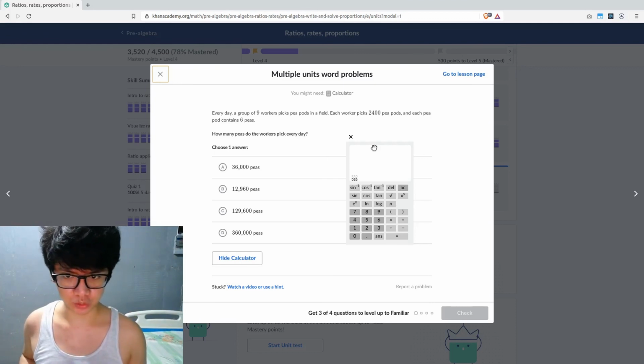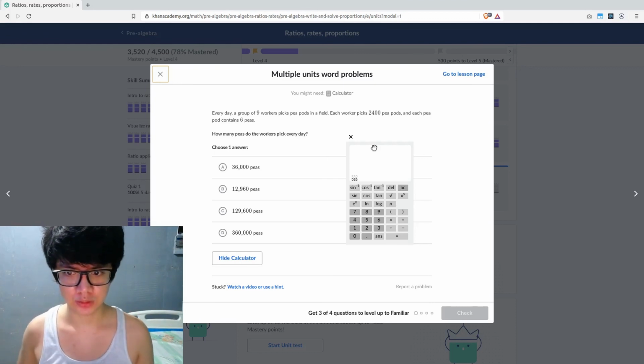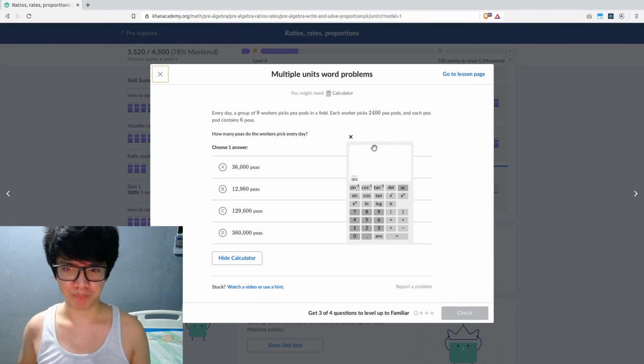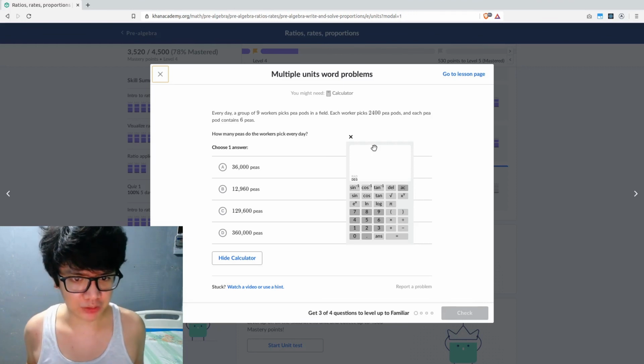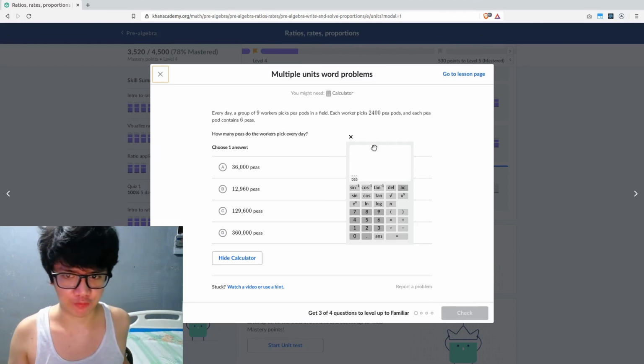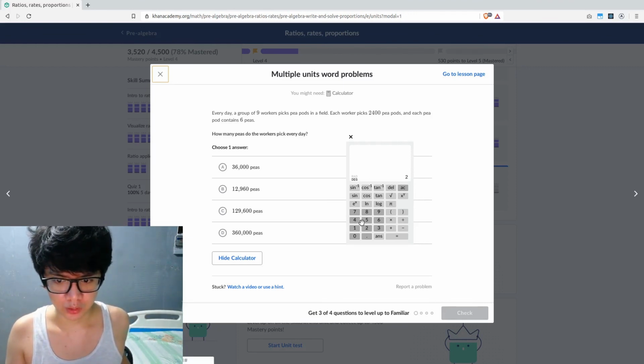Each worker picks 240 pea pods, and each pea pod contains 6 peas. How many peas do the workers pick every day? I'm supposed to say this times 9 times 6 is 54. That's an insane amount of numbers.